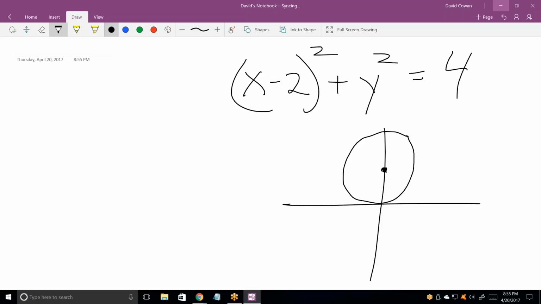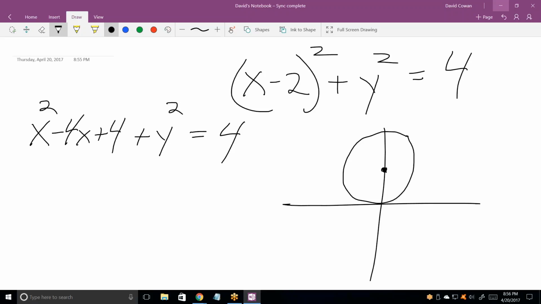First of all, let's expand that. So you get x squared minus 4x plus 4 plus y squared equals 4. Well, the 4's cancel. And now, wherever I see x, I'm going to write r cosine of theta. No, hold on.